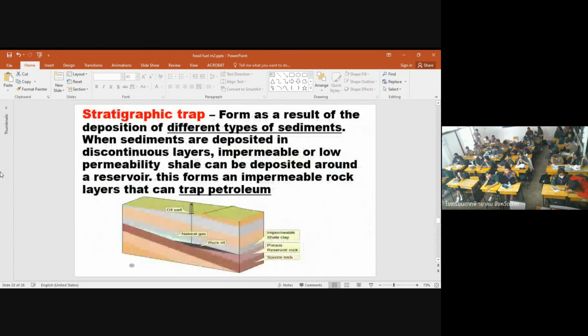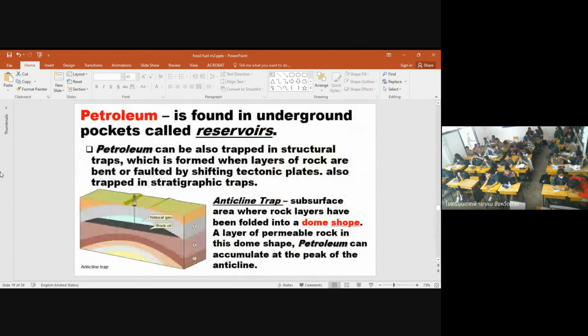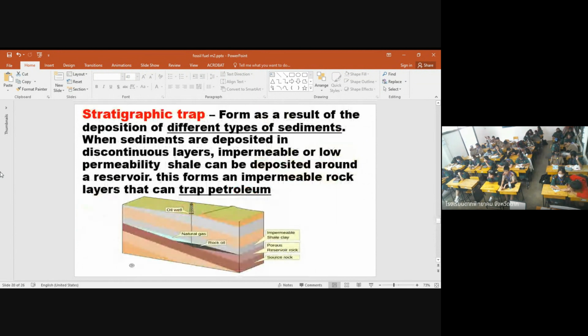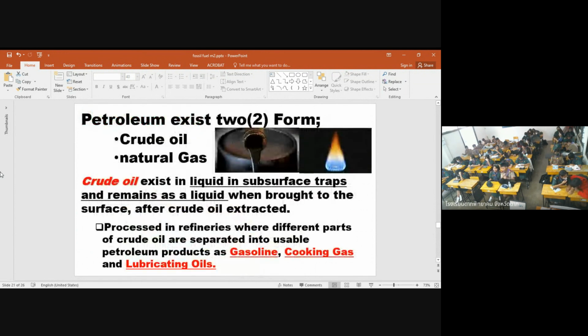What are the four traps? We have first your anticline trap, your fault trap, your salt dome trap, and your stratigraphic traps. And petroleum exists in two forms. What are the two forms? We have your crude oil and your natural gas.